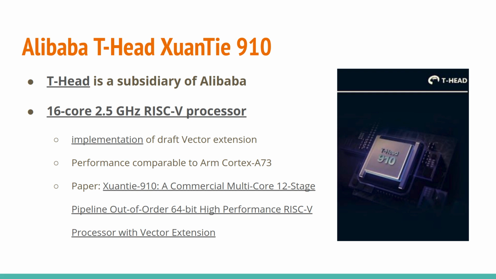It's comparable in performance to an ARM Cortex A73, so much higher end than the previous cores that we were looking at. There's an interesting paper last year from Hot Chips that talks about the design of the system and how they're currently using it in an FPGA implementation in some of the Alibaba data centers.